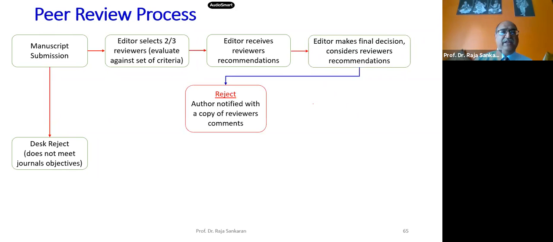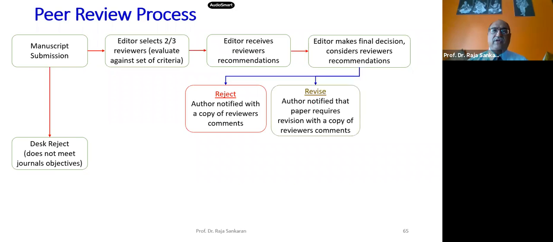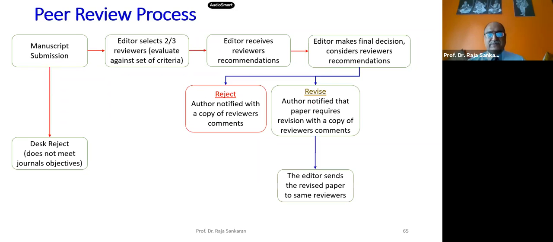Now, these recommendations could come at different stages. The very first is reject. That means if they found major flaws with respect to the methodology or the structuring of the research paper that I would be talking about, if it doesn't fulfill those, then it could be rejected. The second is they could send it for revisions, which could be minor or major modifications recommended by the reviewers.